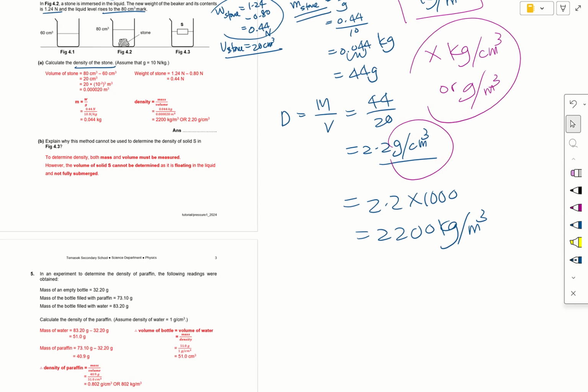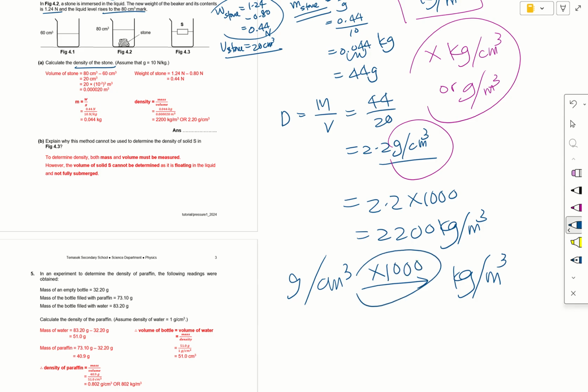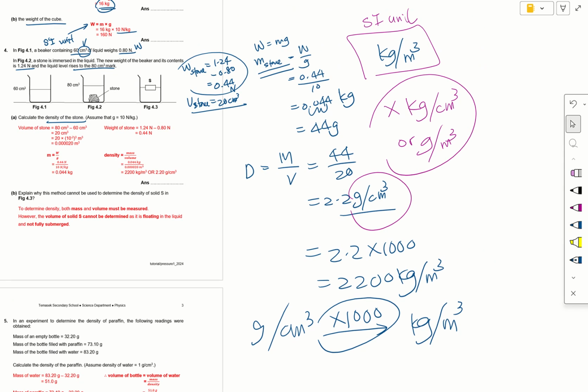To convert from gram per cm cube to kg per meter cube, you multiply by 1000. You can memorize this, but if you want to do it the hard way, you can keep your mass in kg and convert your volume to meter cube.